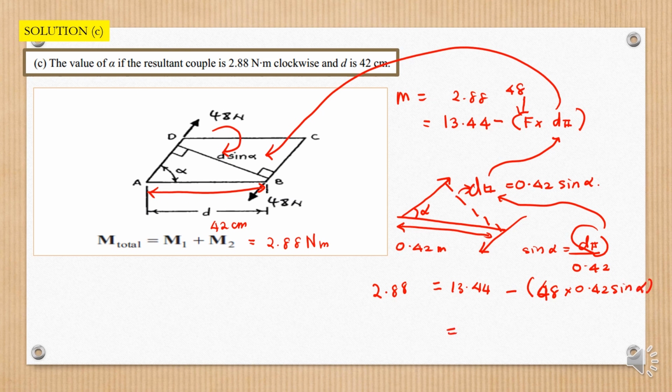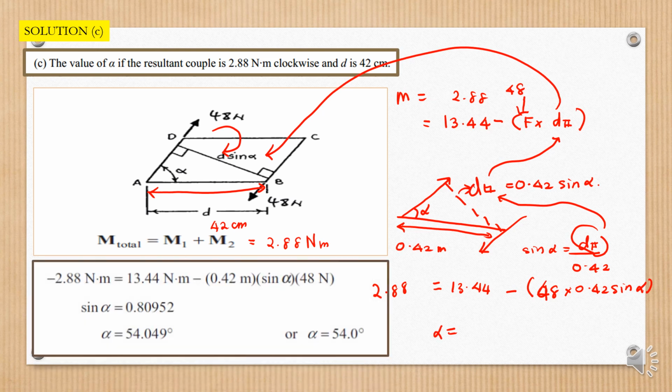After we rearrange, we will get the alpha value. Let's take a look at the solution. The alpha value is 54 degrees. That's it.